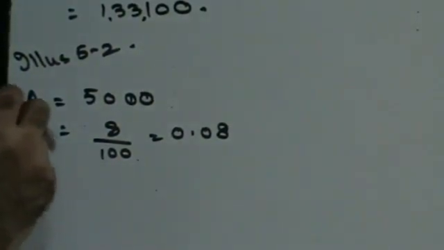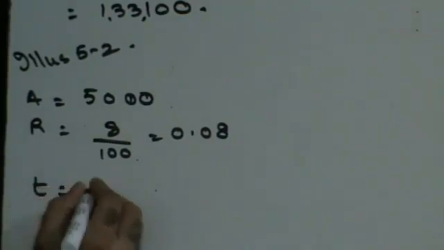What is the future value of the annuity at the end of 4 years? So T is 4 years. Every month I am depositing 5,000 rupees, not every month. Every year I am depositing 5,000 rupees. At the end of 4 years, how much will I get?